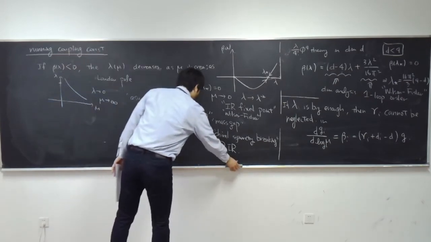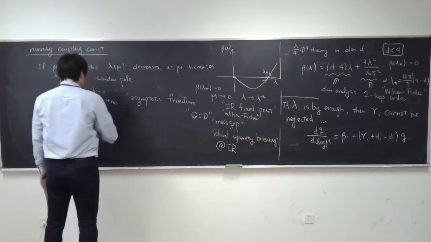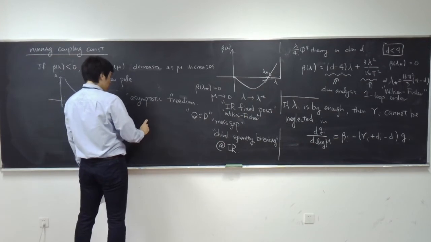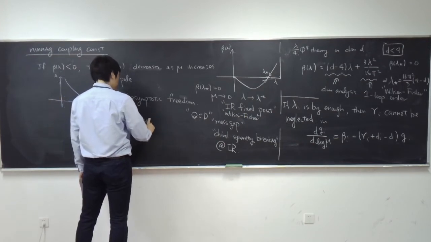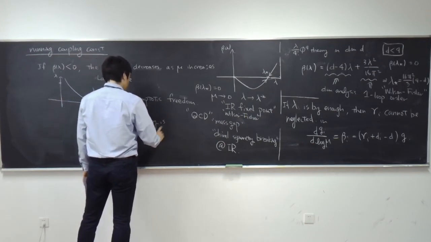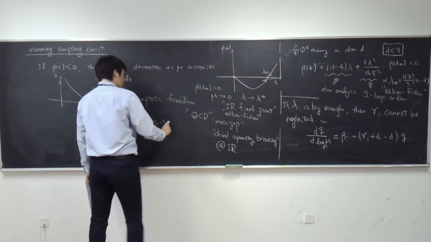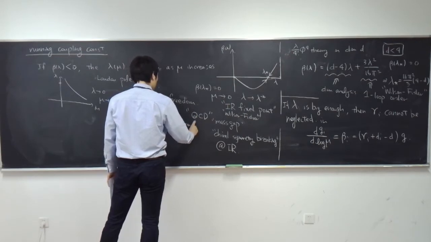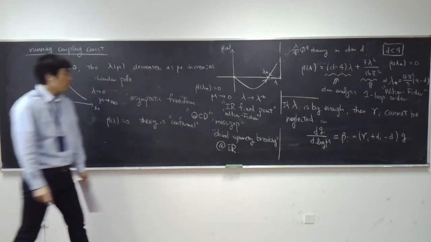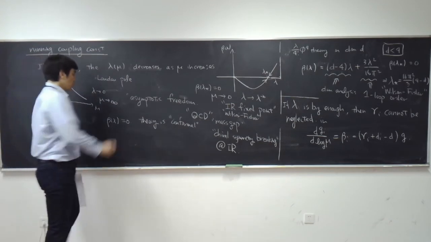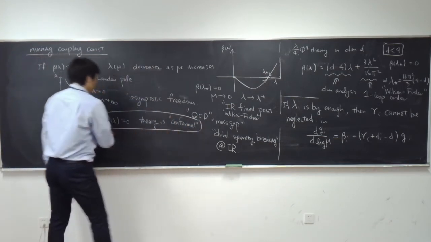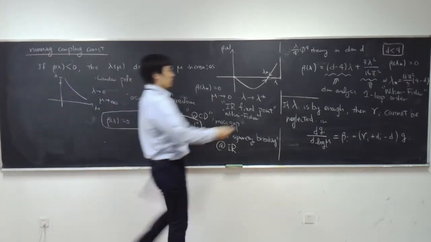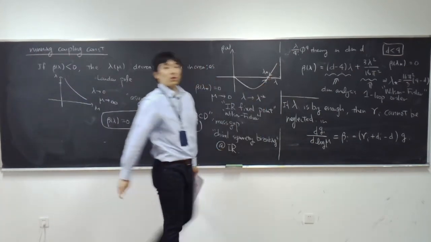Of course, as I mentioned, if beta of lambda equals 0, then this is called an exactly marginal coupling constant, and the theory is conformal. It has conformal symmetry. So this point is very, very important. For instance, even the Wilson-Fisher point is also conformal.